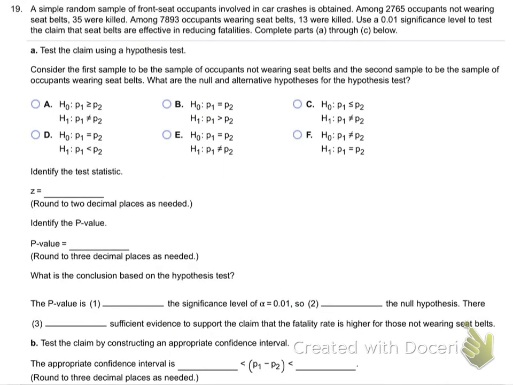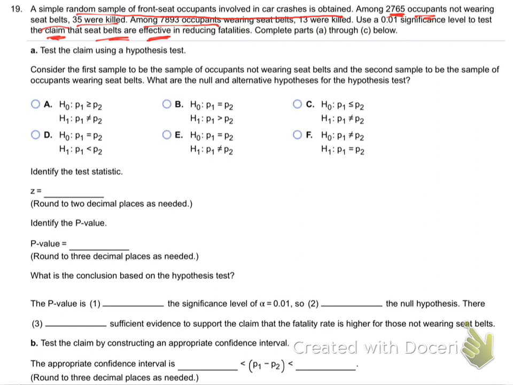Okay, so here we are on number 19. Simple random sample, front seat occupants, car crash, obtained among 2765 occupants not wearing seatbelts. 35 were killed. 78,093 occupants. What's the claim? Test the claim that seatbelts are effective.